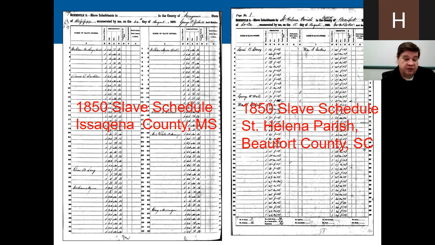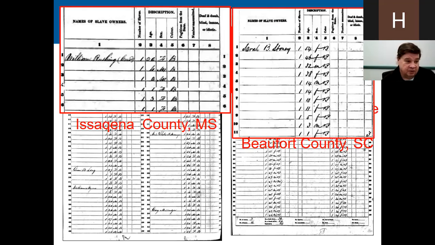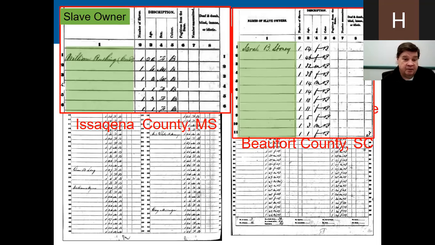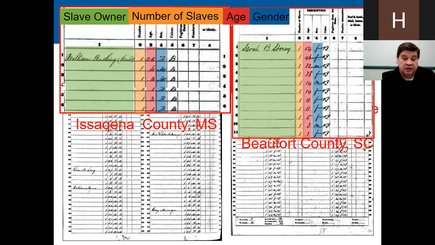In 1850 and 1860, they kept separate schedules for this, and typically what they look like is this. They have the name of the slave owners, the number of slaves, their age, their gender, and their color, and no other individually identifying information.